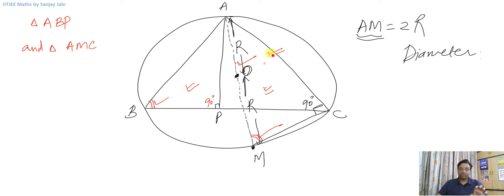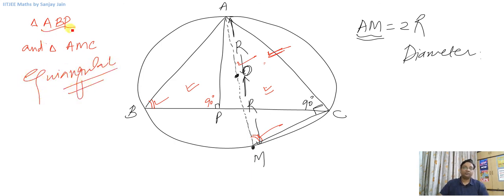So this chord AC subtends these two angles, angle B and angle M, on the same segment of the circle, so these angles are equal. This is something that we know already. So what I am saying about these two triangles is that they are equiangular, all the three angles of these two triangles are equal to each other, hence these triangles are similar.